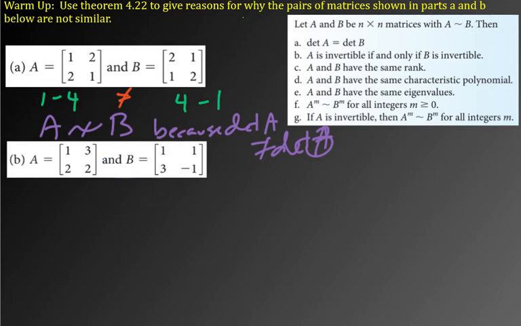This one, okay, if you check determinants, we have 2 minus 6 here, and we have negative 1 minus 3. And so this one is actually true: 2 minus 6 is negative 4, and negative 1 minus 3 is negative 4. That doesn't necessarily mean that they're similar. It just means that they happen to have the same determinant. And if you keep going down the list, you might notice some other things that are actually the same.